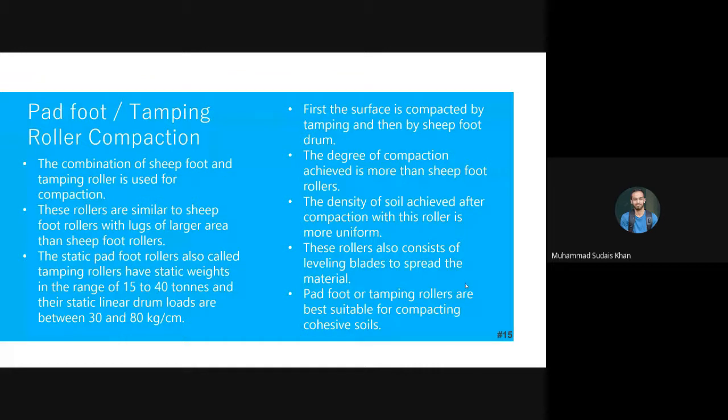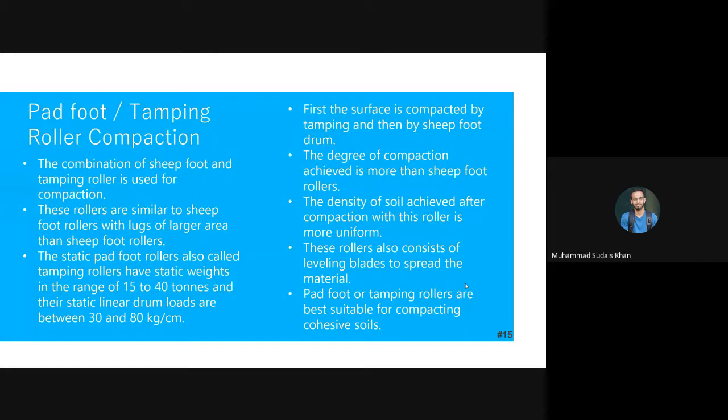Okay, now we have the third instrument, which gives us the third technique for the compaction of soil. Basically, the pad foot is a combination of the sheep foot and the tamping roller. So in simple words, a pad foot roller has at the front a tamping machine which tamps the soil, and then after the tamping machine we have a sheep foot.